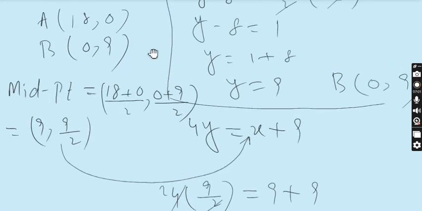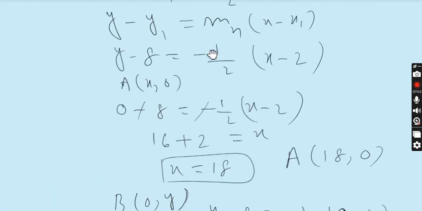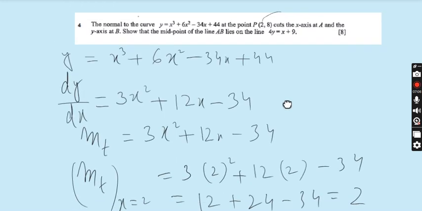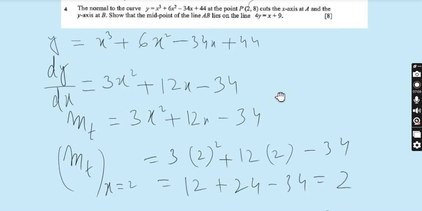See the question again. Show that the midpoint of the line lies on the line. Lies on the line means satisfy. How to satisfy? Put the value of midpoint x in the line and the value of midpoint y in the line and get the answer.